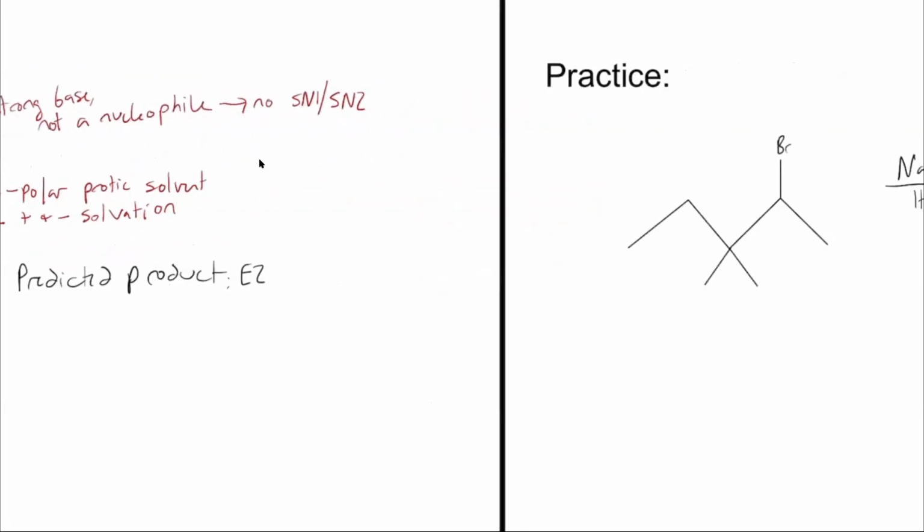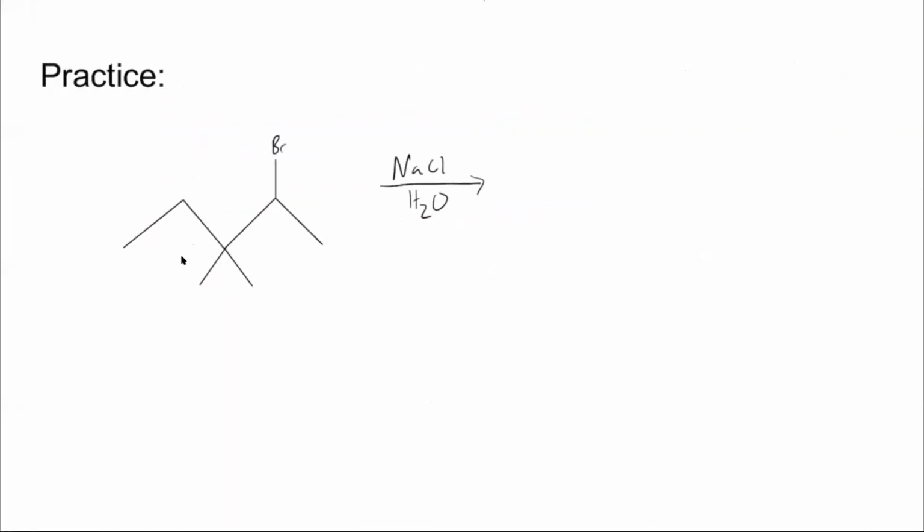Alrighty, let's go ahead and look at our last practice problem then. In this example, we have our reagents written like this, and let's take a look at each of them. First of all, what type of carbon substrate are we looking at that has our leaving group?